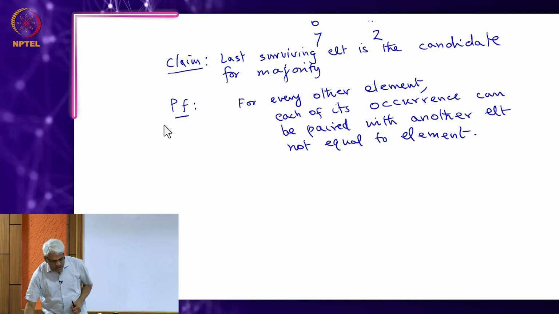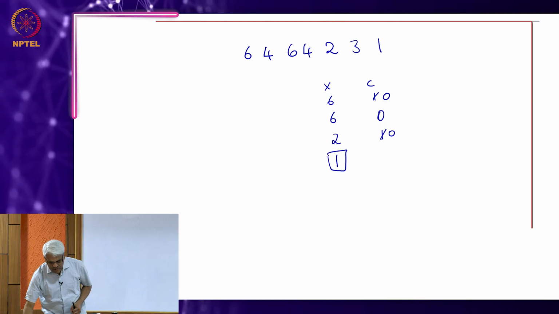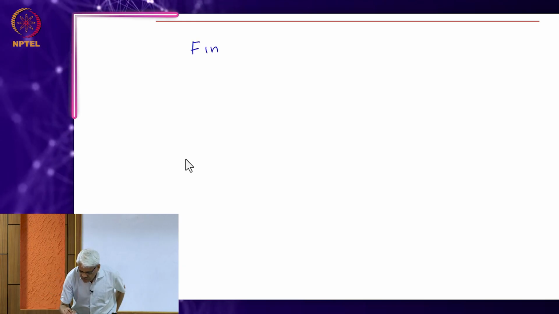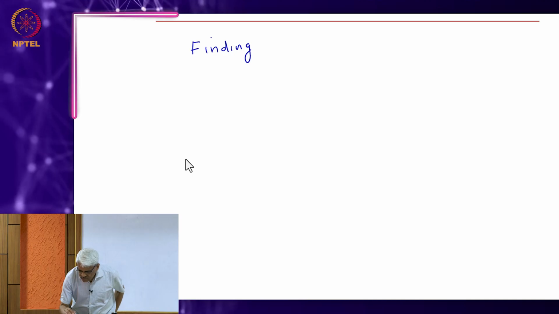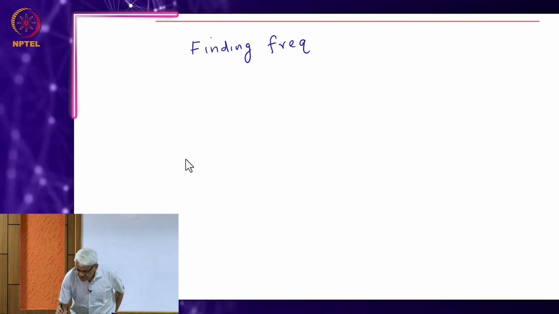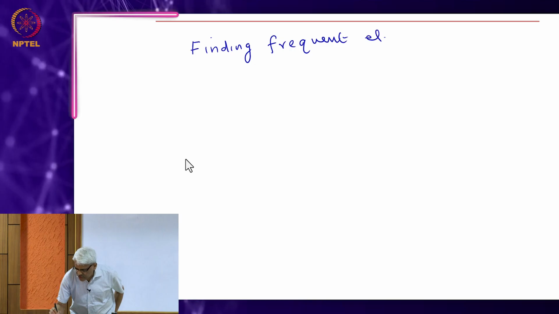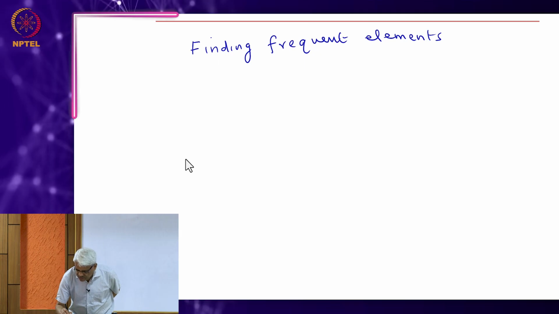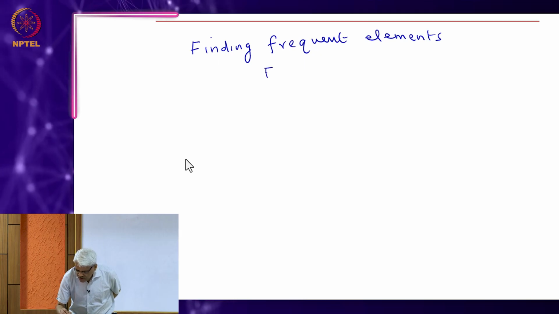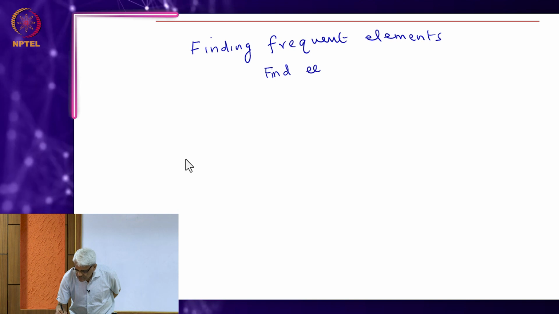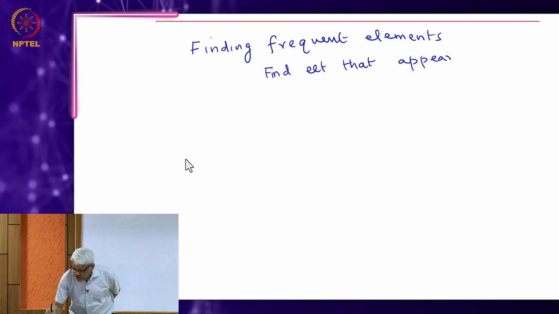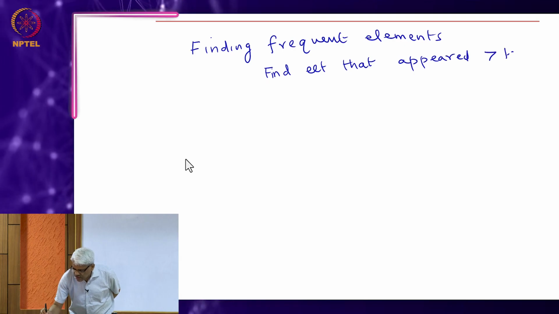Okay, so now there is a generalization of this, which is what we will look at, which is called finding frequent elements. Actually, that's what Misra-Gries' work is. Find elements that appeared greater than n by k times.